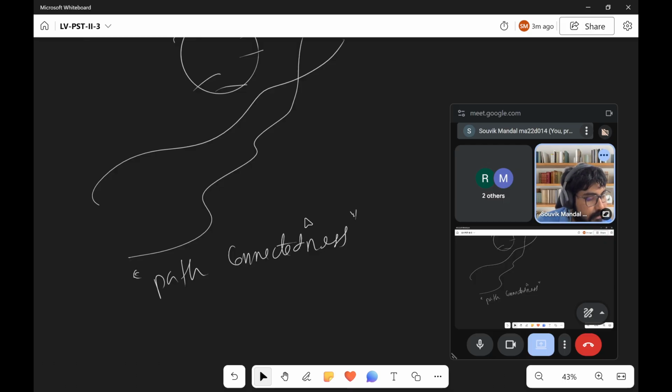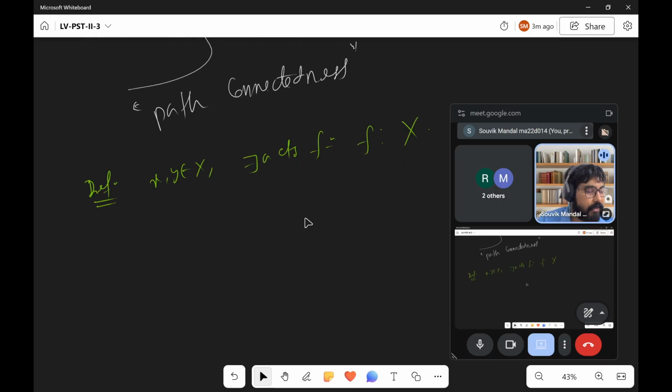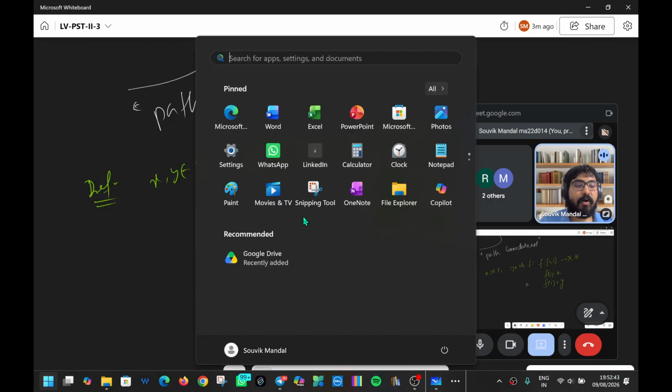Path connectedness means: for any 2 points x and y in X, there exists a continuous function f from [0,1] to X such that f(0) equals x and f(1) equals y.